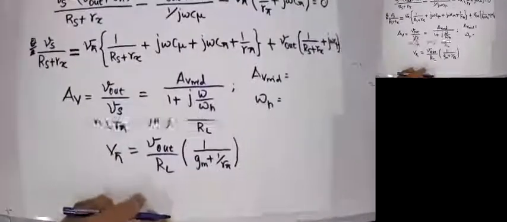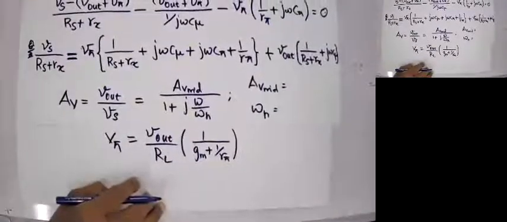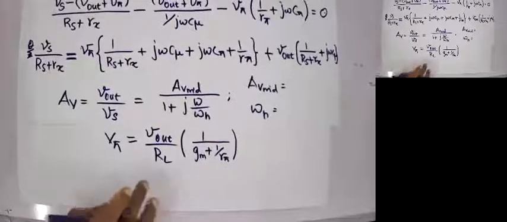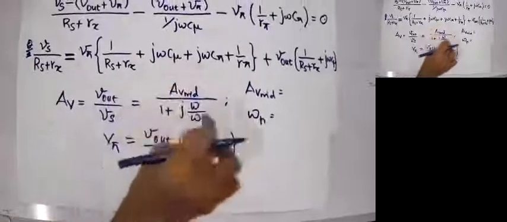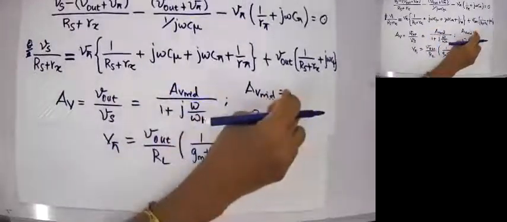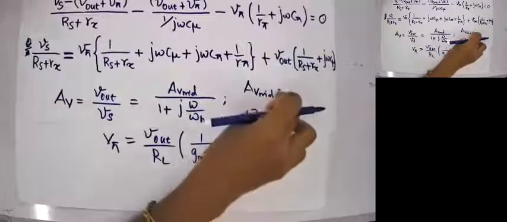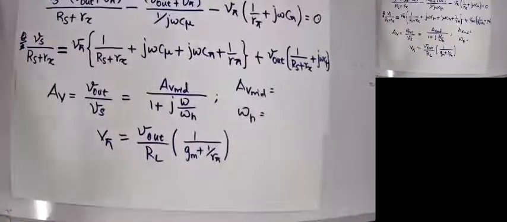This is for your practice. Substitute this one, calculate this one, rewrite the equation in this form, and then find out midband voltage gain AV mid and upper cutoff frequency omega h.